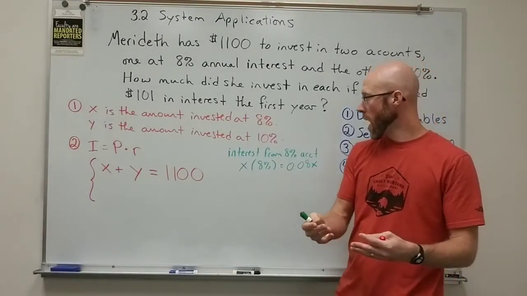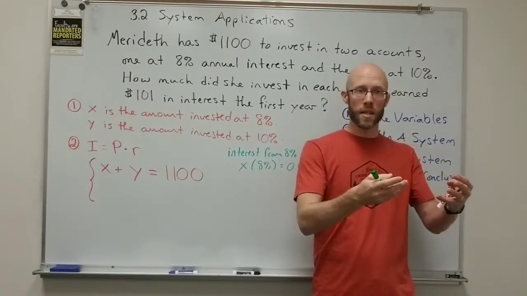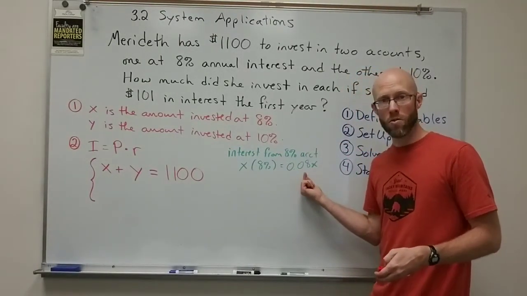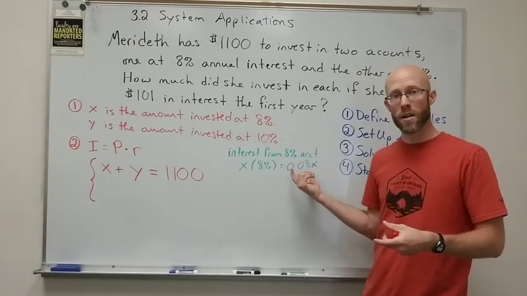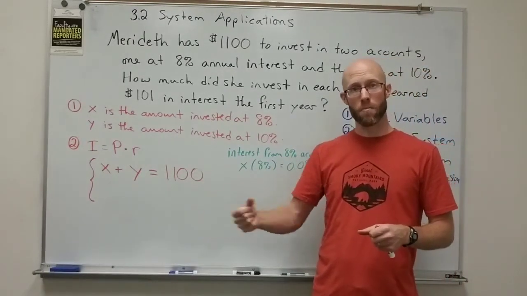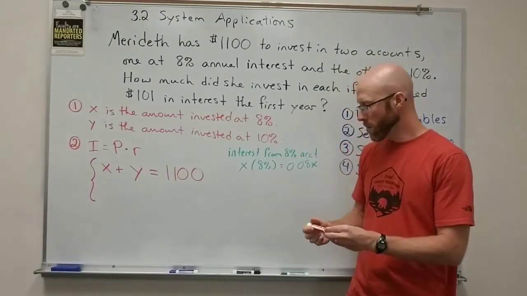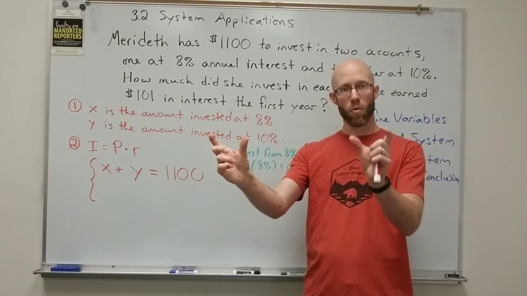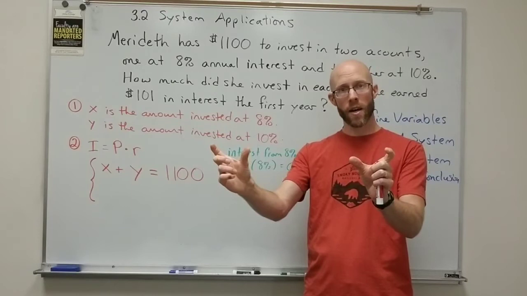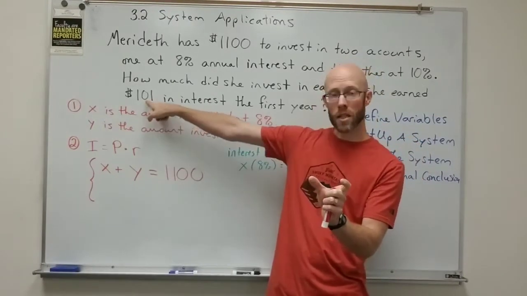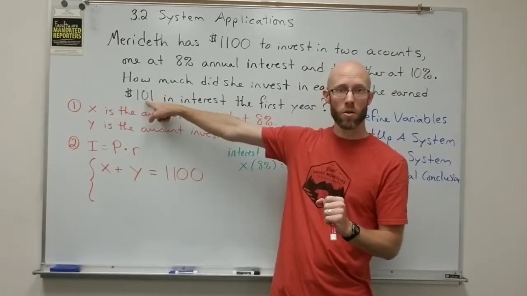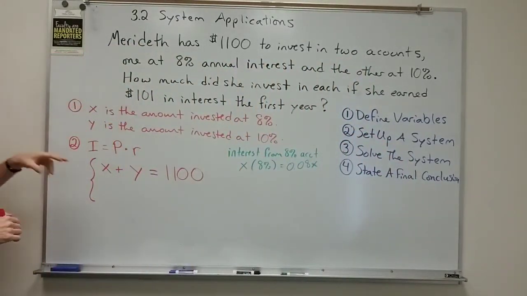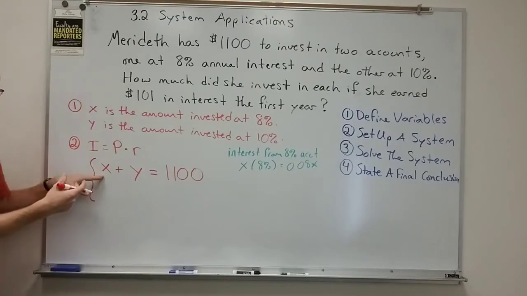Well, then you add to that the amount she earns in the 10% account, which would just be 0.10 times y, because y is how much she invested in the 10% account. And so when I take those two amounts, the 0.08x and the 0.10y, and add them together, I should get the total amount that she earned, which is $101. So I'm going to put in here those two things and add them together.